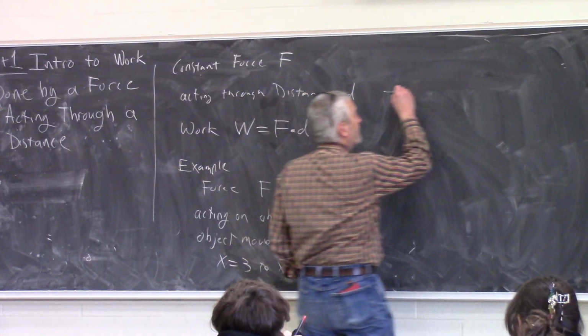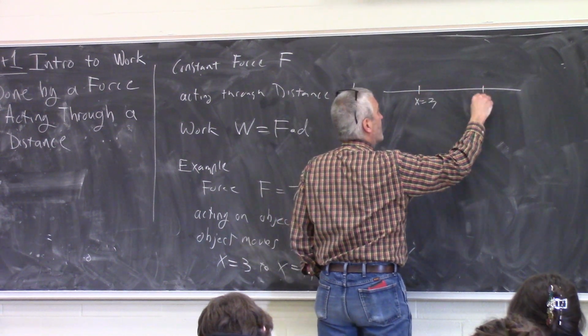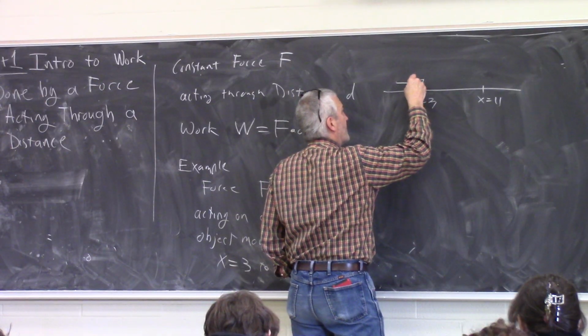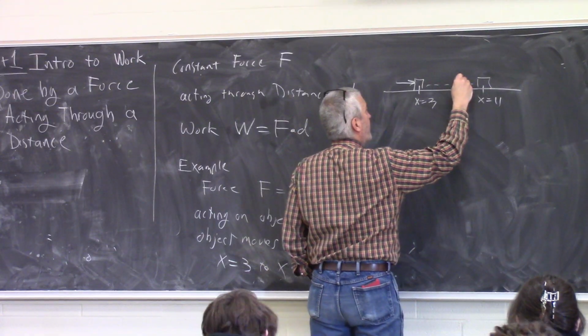So a picture of this would be something like this. So we could have an object, have a force acting on it, and the object moves from there to there.